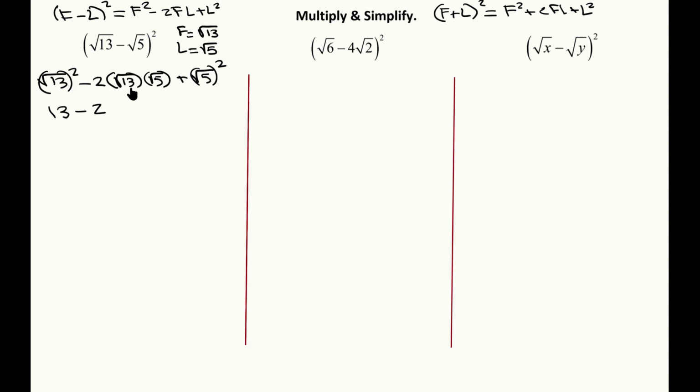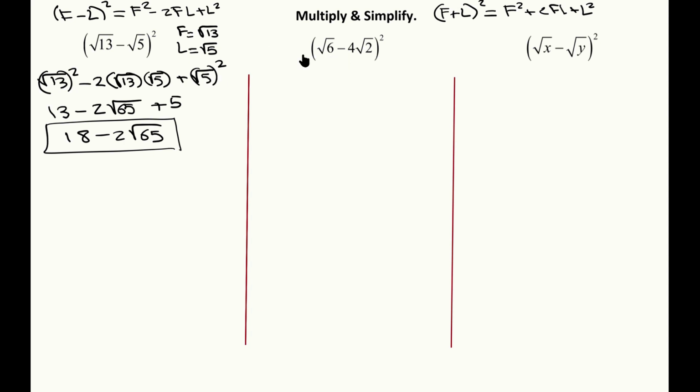I notice there's no perfect square within 13's factorization nor within 5's, so I can go ahead and multiply those. So I get minus square root of 65, and I know for sure that's simple because there were no perfect squares in either radicand, plus square root of 5 squared, which is 5. Now we can combine these two integers to get 18 minus 2 radical 65, and that's pretty much all that can be done.